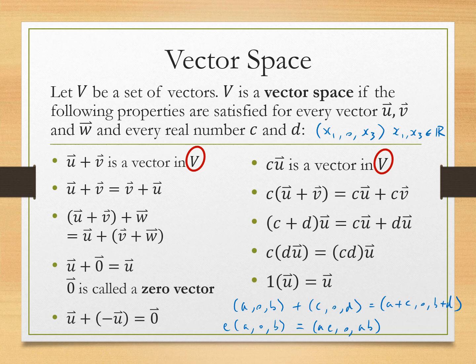It is a vector space because all the rules we list out here apply, right? So that's why vector space could have many weird examples. We're talking about a set of vectors that is self-contained under addition and scalar multiplication.